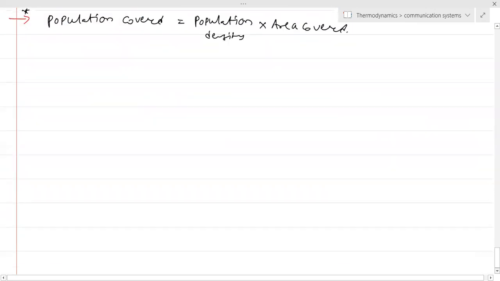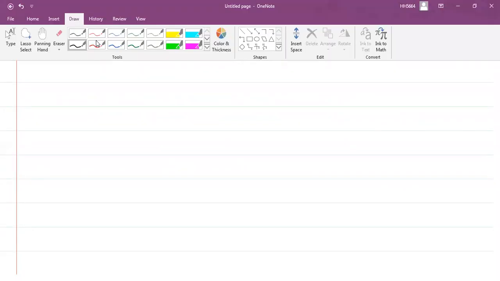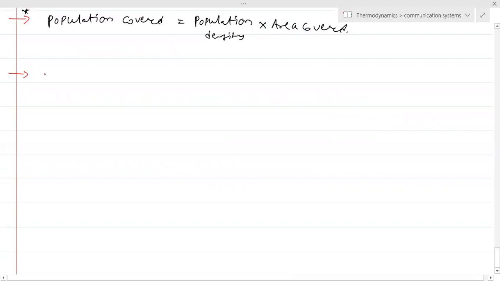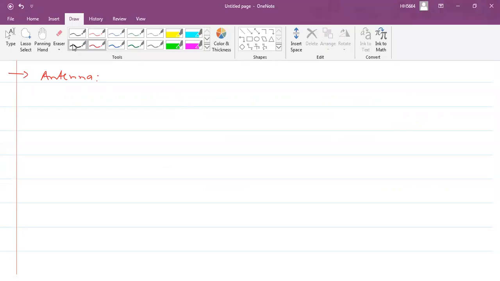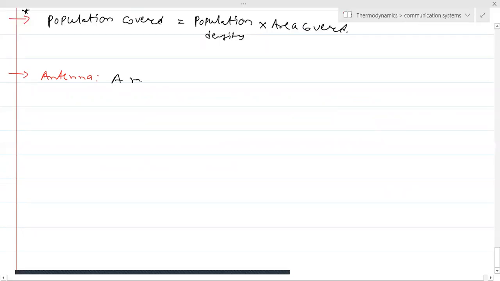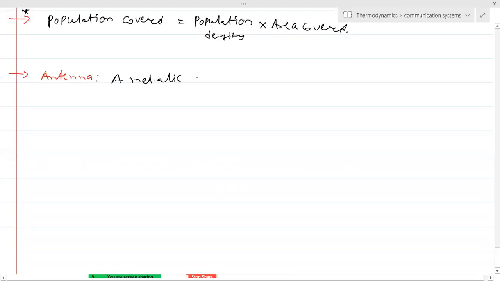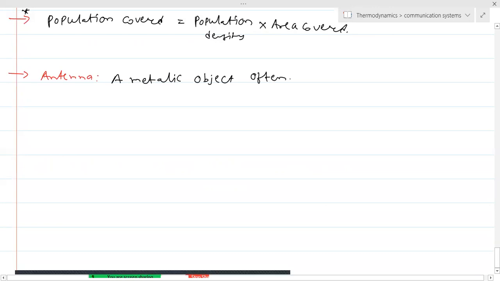And next, we used to think of antenna. Antenna means a metallic object. It may often be a wire or wires.